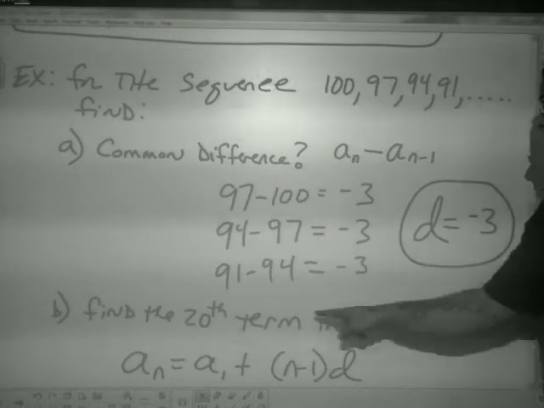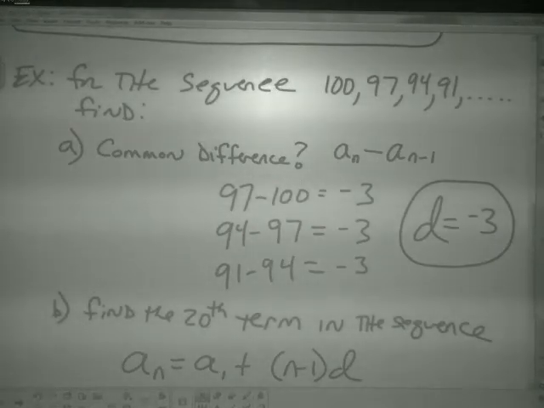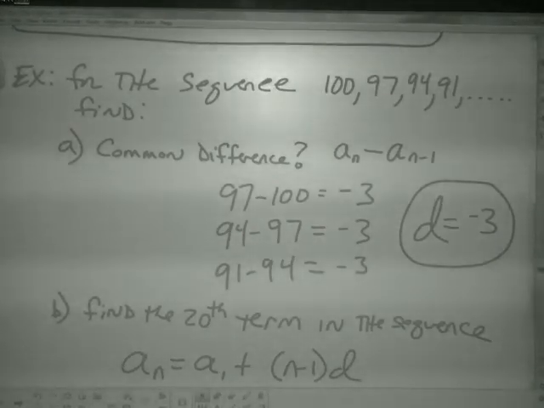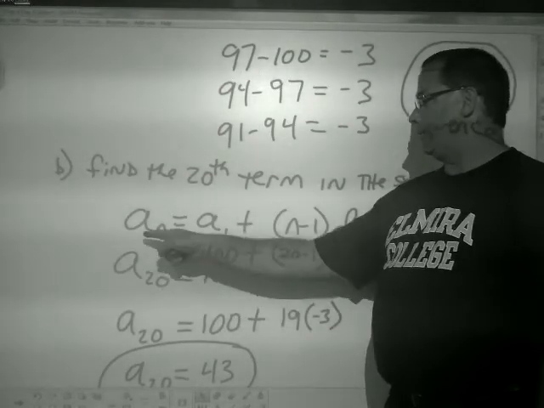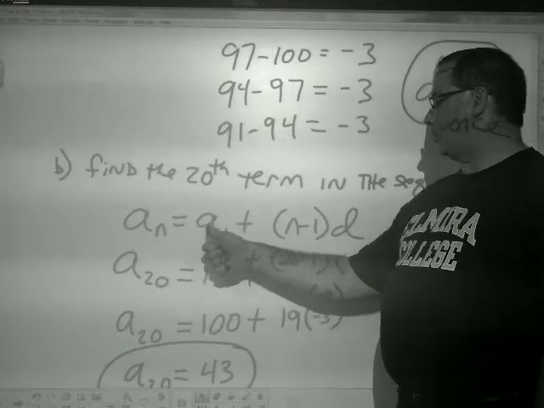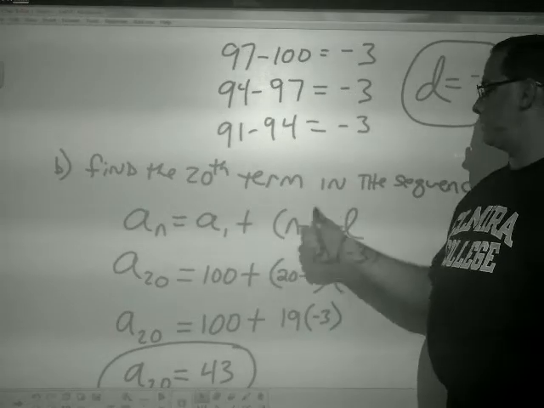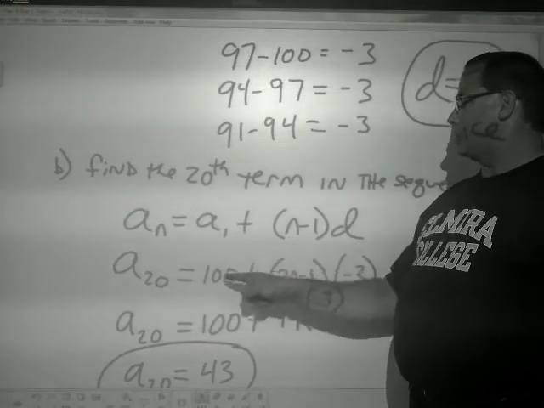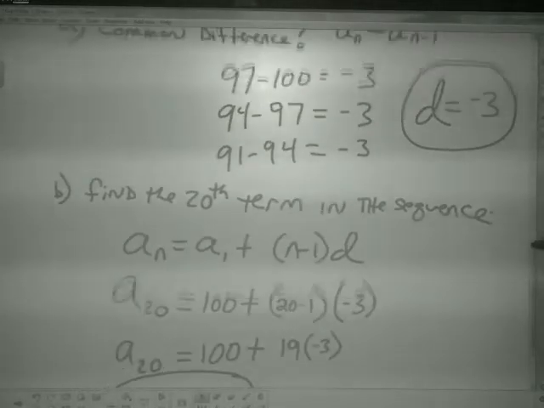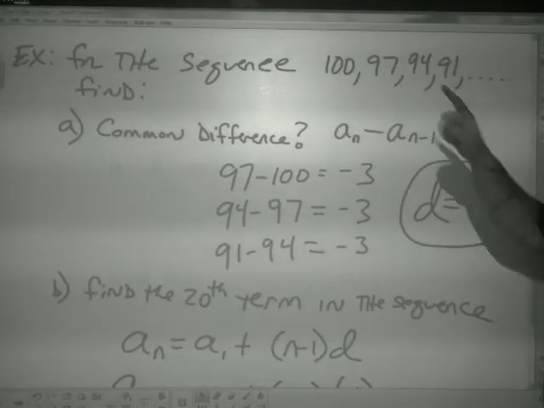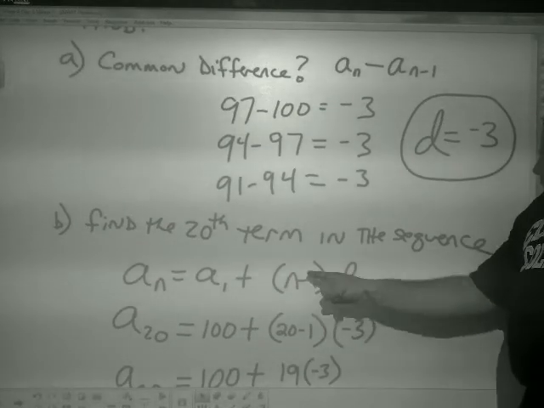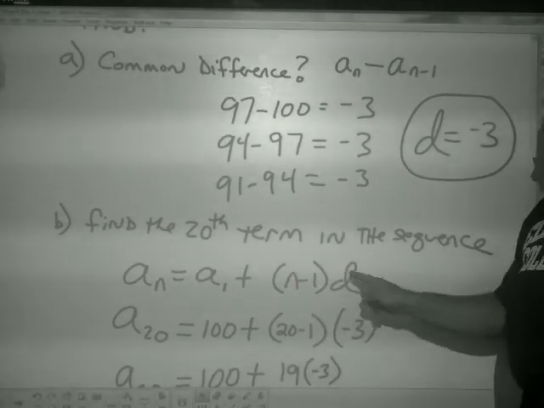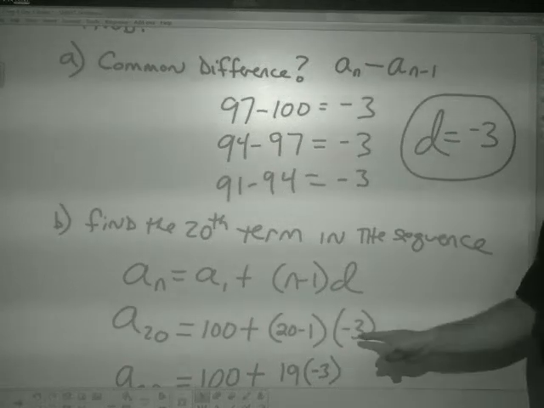Find the 20th term of the sequence. Okay? So again, for the 20th term, I need to know the first term, how much the difference is, and how many. Well, the first term was 100. The 20th term, well, 20 minus 1 would go here, and each difference was a negative 3.